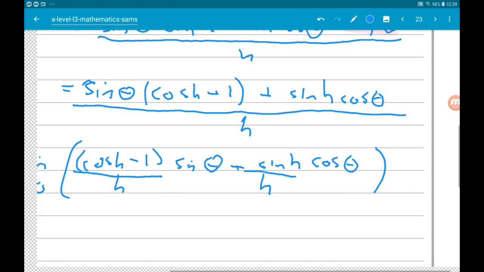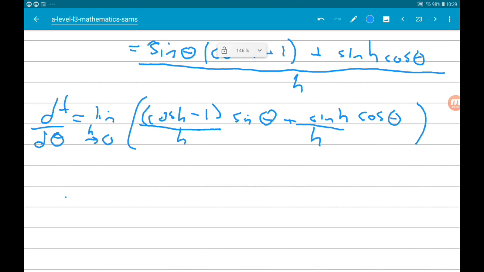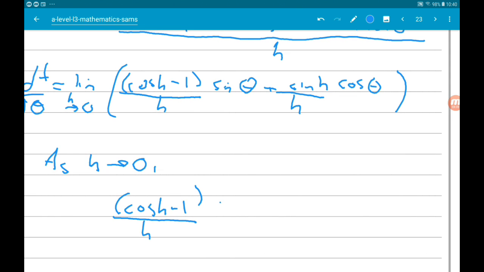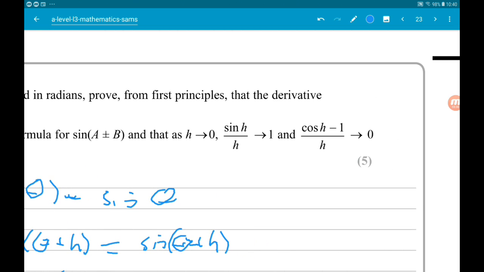Now, as h tends to 0, we know that cos of h minus 1 over h times sine of theta. Well, we know that cos of h minus 1 over h tends to 0.